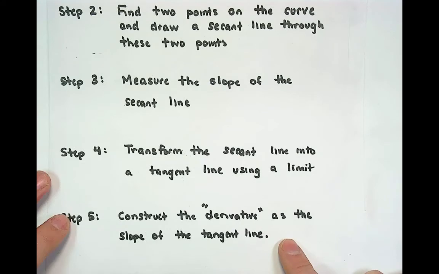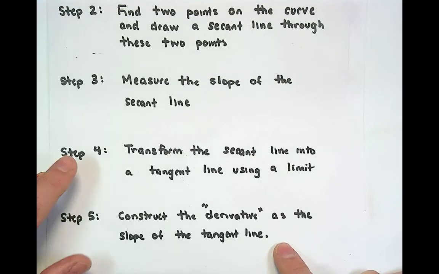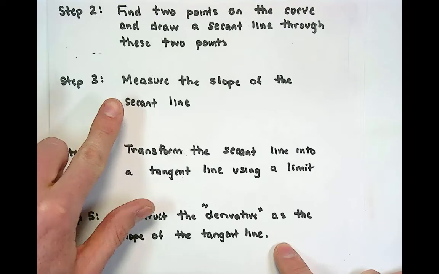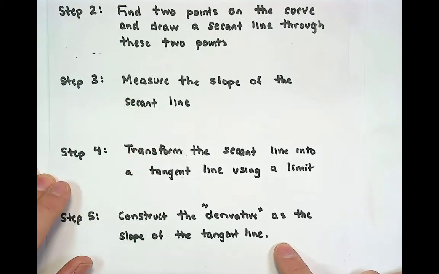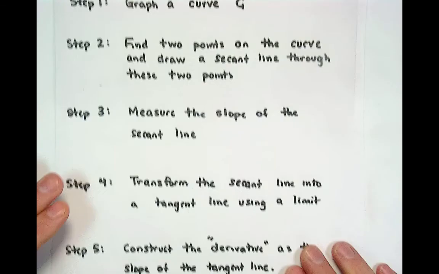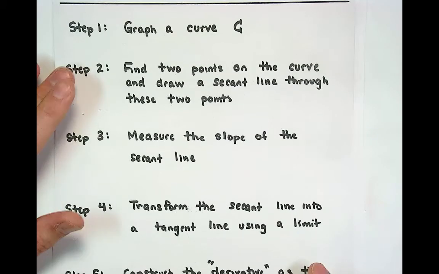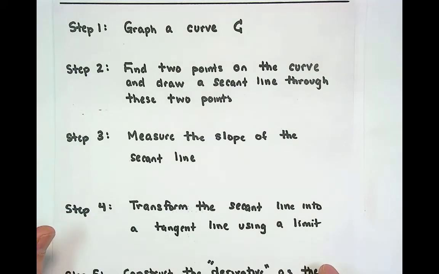And then step 5 was to construct the derivative of the function at the point as the slope of the tangent line, which comes from taking the limit of the measured secant line slope. Let's go ahead and run through these 5 steps for the idea of a directional derivative.